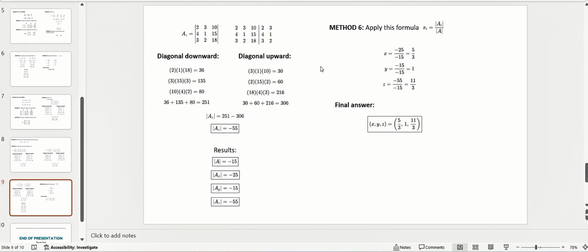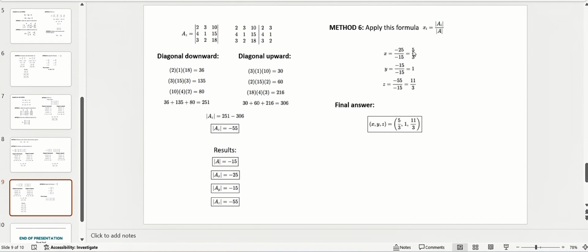And then, let's proceed to the final method to apply this formula. So, i-apply na itong formula is first atong kuhaon ang value sa x. So, ang atong value sa determinant of A sub i, which is x, is negative 25. Ang atong determinant A is negative 15.